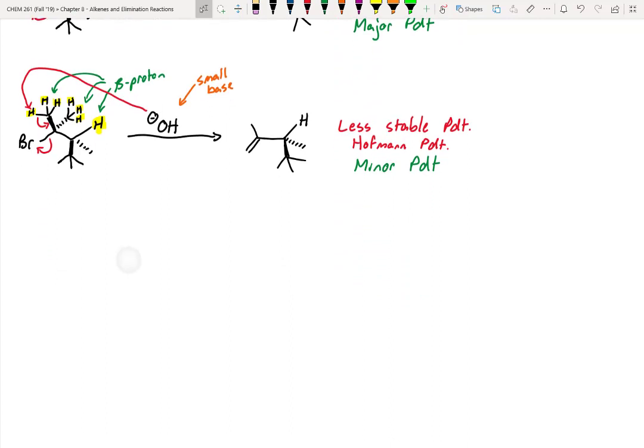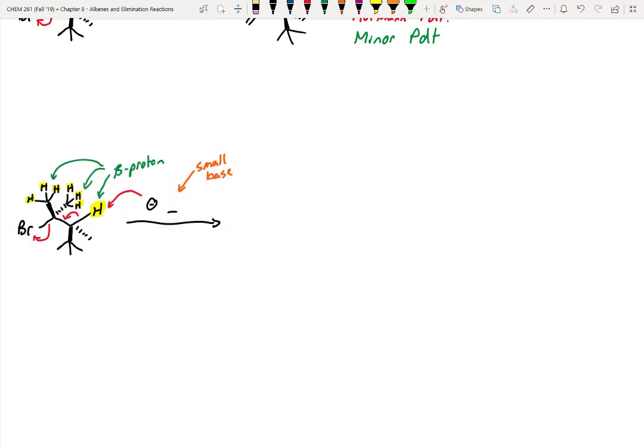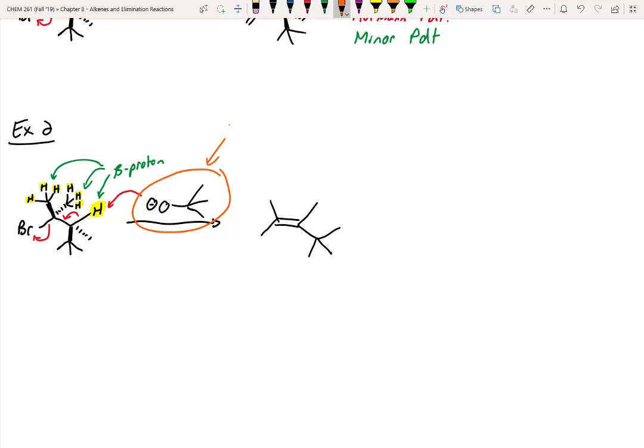All right, let's try this again. Down here, I'm going to cheat one more time, and this time I'm going to use a different base. I'm going to use that big, bulky tert-butoxide base. We could do the exact same thing and consider the two potential outcomes. Sorry, the first one we actually had two methyl groups, a double bond methyl group and a tert-butyl group, right? So this one's now a big bulky base.